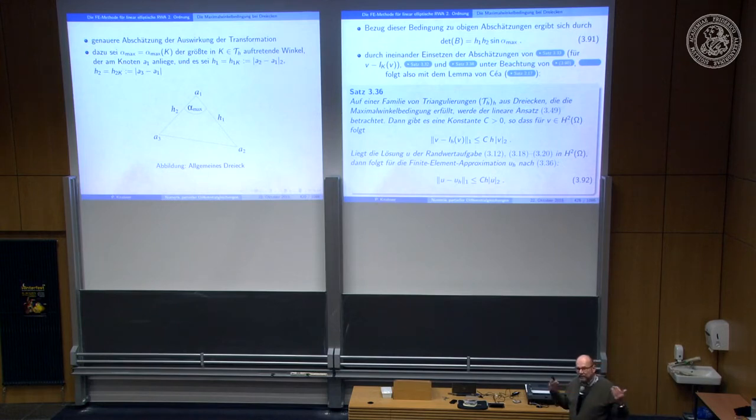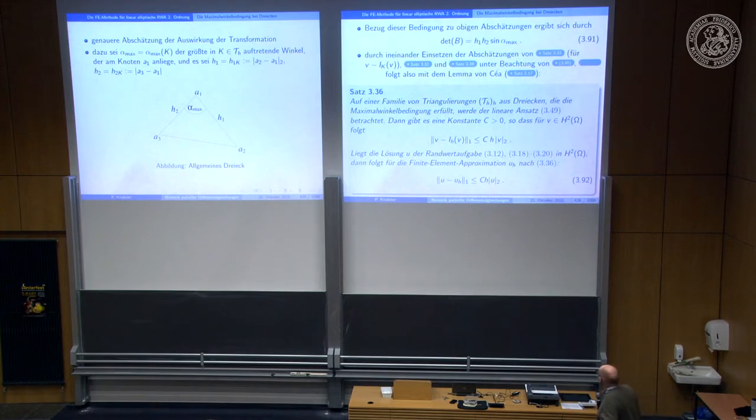It can only become pi over 3 in the smallest way. But of course it can approach pi, and approaching pi would mean the sine goes to 0. And this term appears as 1 over sine, so we have to prevent this. And this then in the end means we have a maximal angle condition.